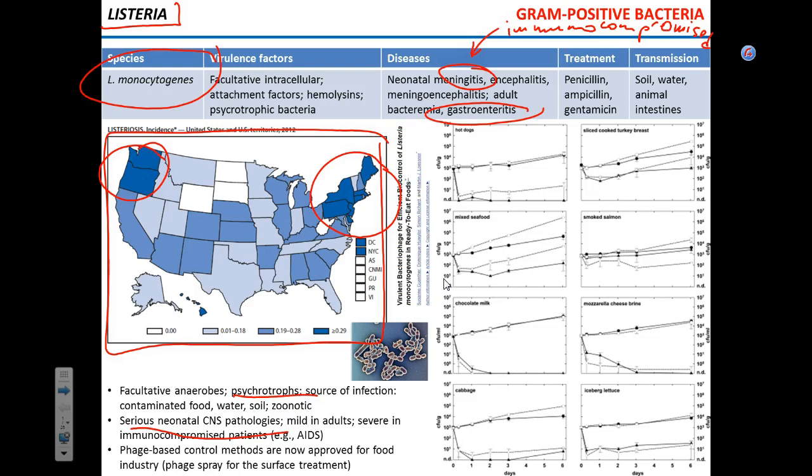Listeria is a huge problem for the food preparation industry, like restaurants, cafe bars. If you can imagine that, if there is a listerial contamination of the surface, you have to clean it. When people cook poultry in restaurants, they have to clean it.